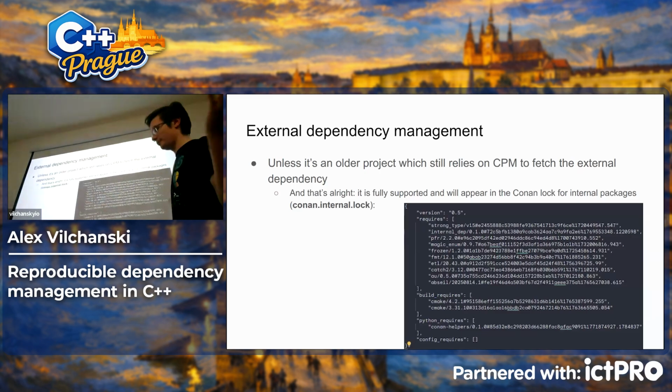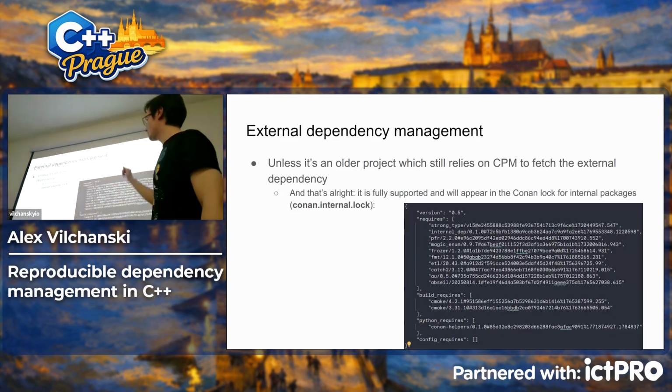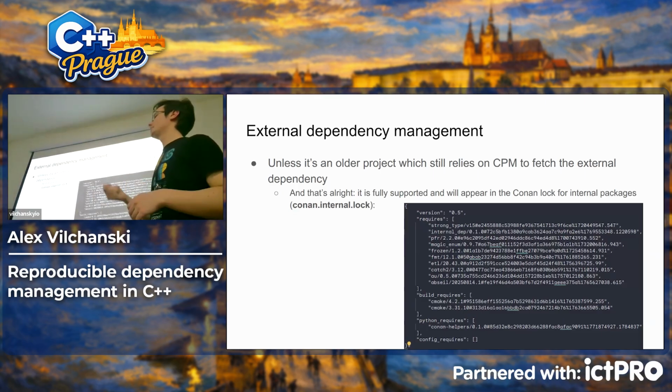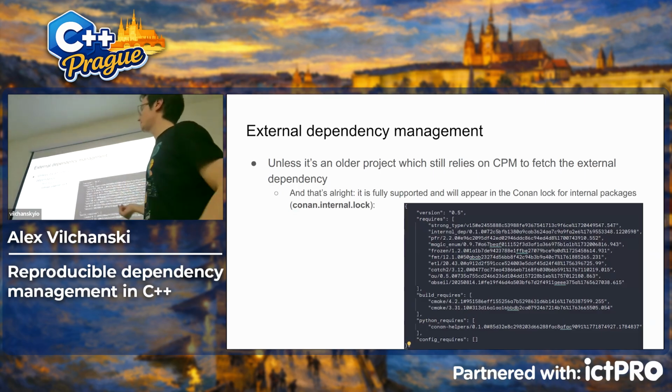So yeah, it is what you would expect from a lock file, just the full graph of dependencies. And this would include the internal ones and any of their recursive, or transitive, dependencies, basically.